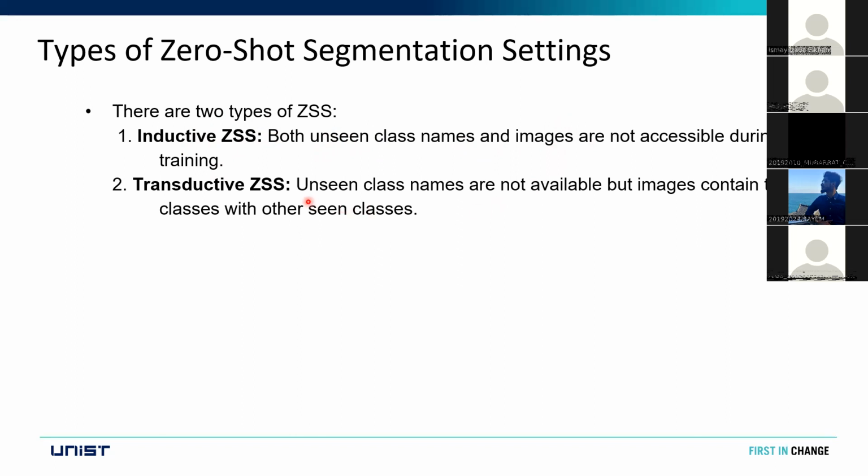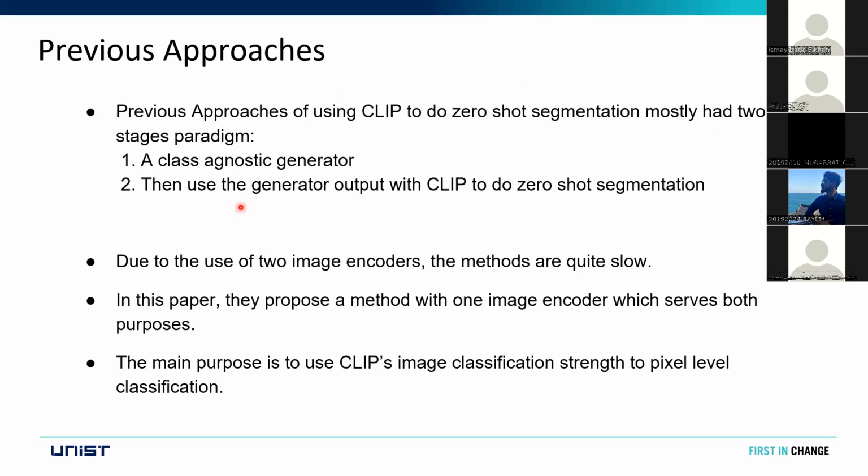But in the other setting, the transductive zero-shot setting, the class name might not be there, but there will be human images along with other classes. Let's say there will be a dog and a human together in a certain image, but that human would not be annotated for training. And that's the other zero-shot segmentation setting.